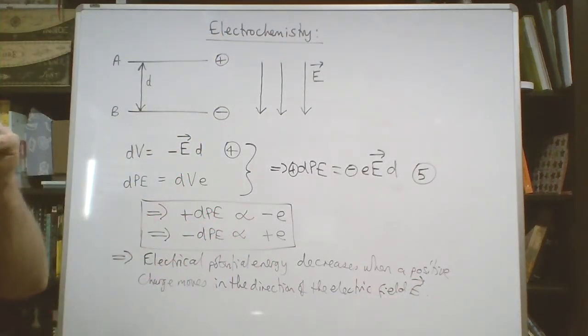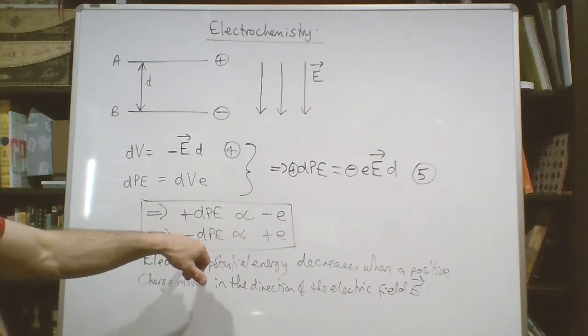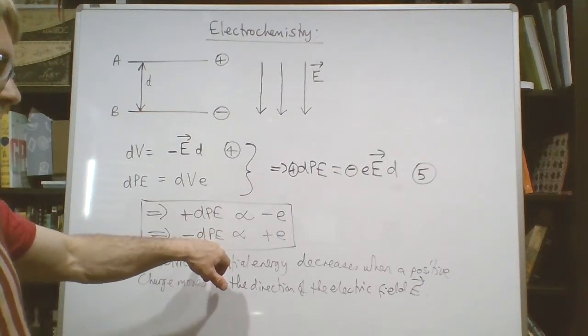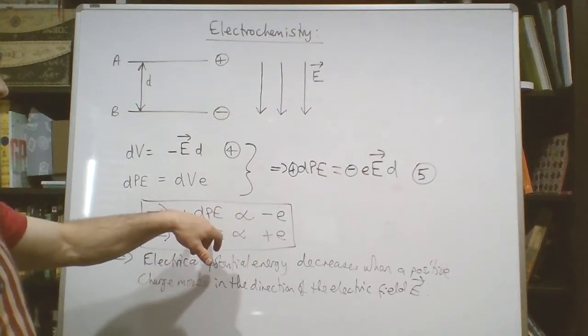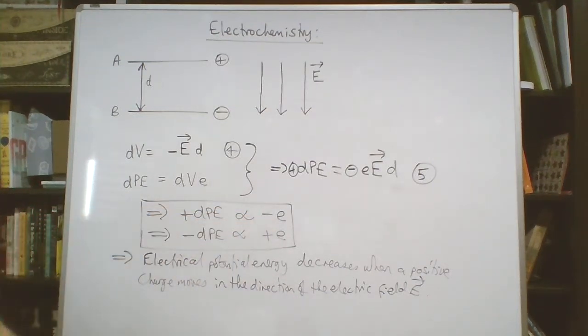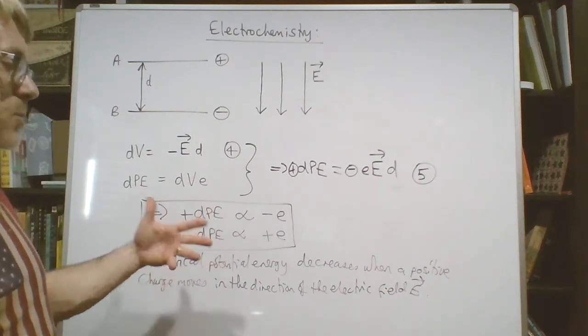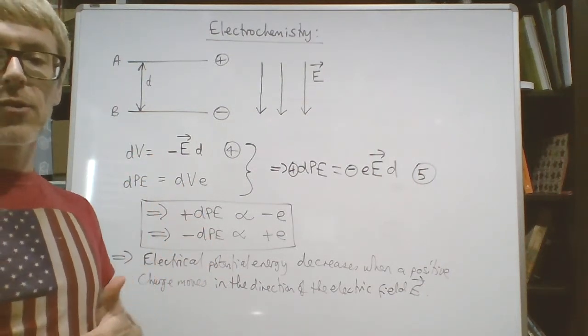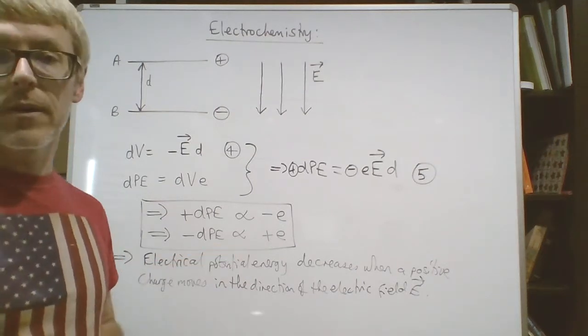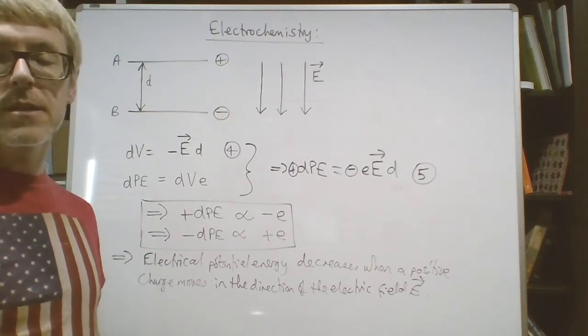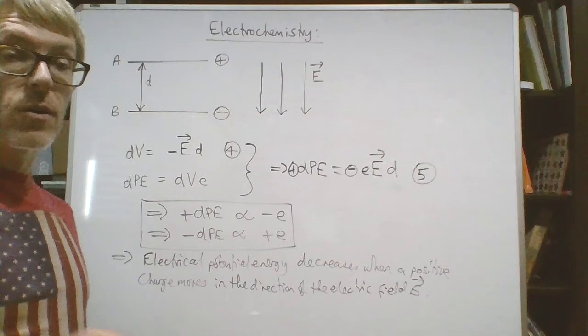So the electrical potential energy decreases. There's a negative change in the potential energy when a positive charge moves in the direction of the electric field, and vice versa. The potential energy would increase when a negative charge moves in the direction of the electric field. Okay. Ultimately, this will give us a feel for why electrons move when we start to look at cells in electrochemistry. And I think this is an important part as we begin to broach the subject of electrochemistry for a general chemistry audience.